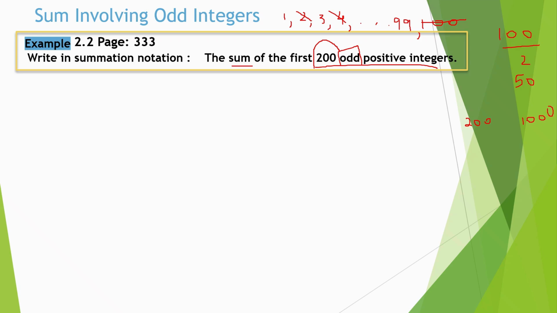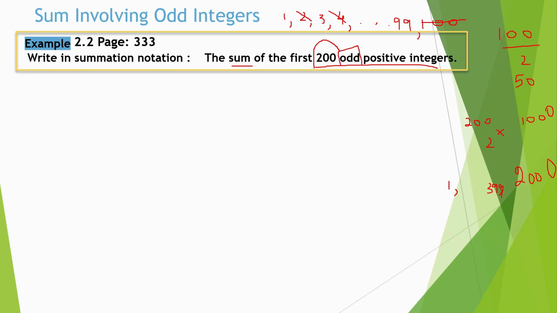You want how many? 200 odd numbers you need. That means you will double. That means in total you are supposed to take 400. Since 400 is an even number, you will stop at 399.